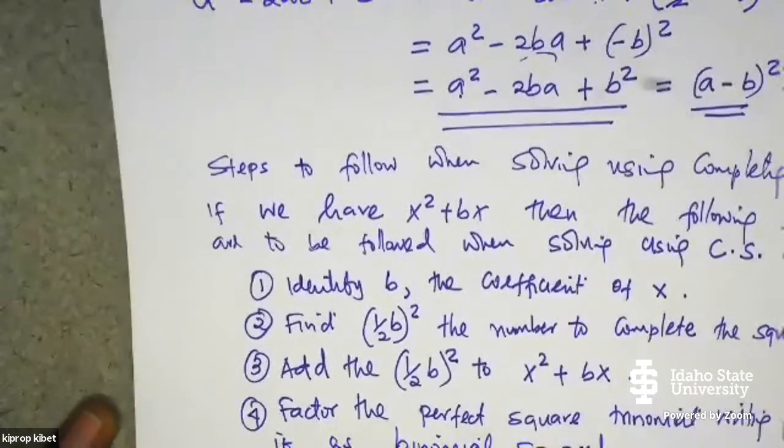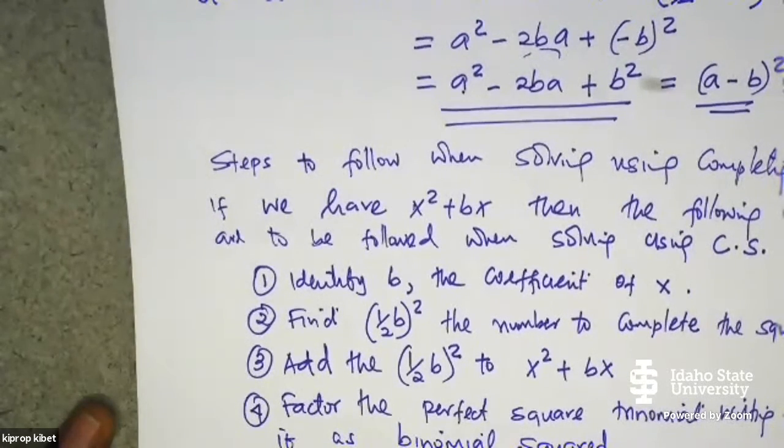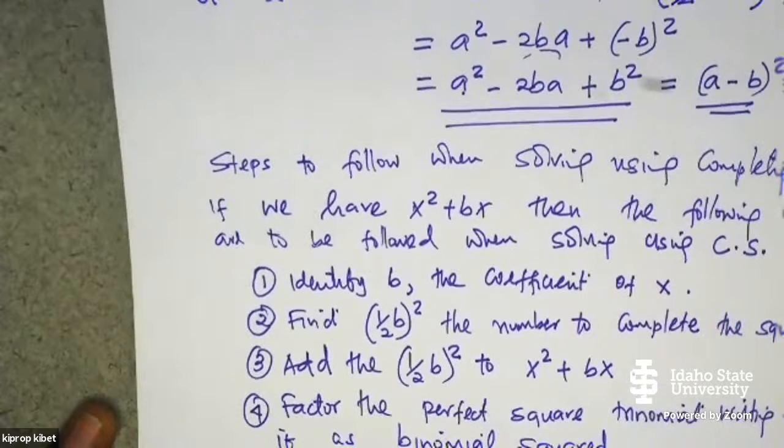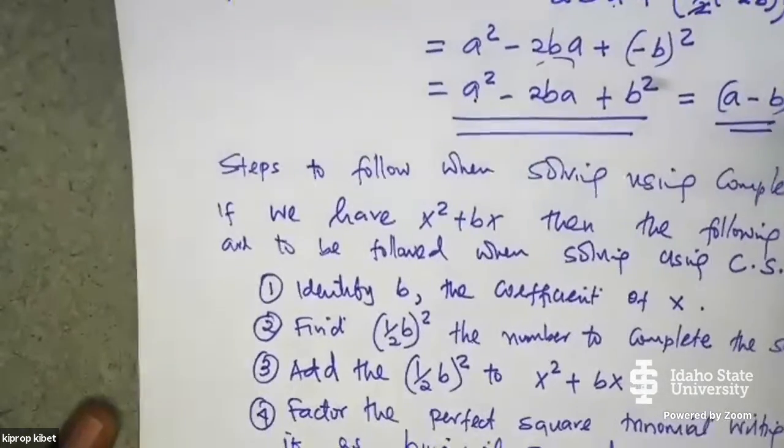So these are the steps that you need to follow. Identify b, the coefficient of x, then find half of b and square it. After that, add it to the expression x squared plus bx, and then factor the perfect square trinomial, writing it as a binomial squared.